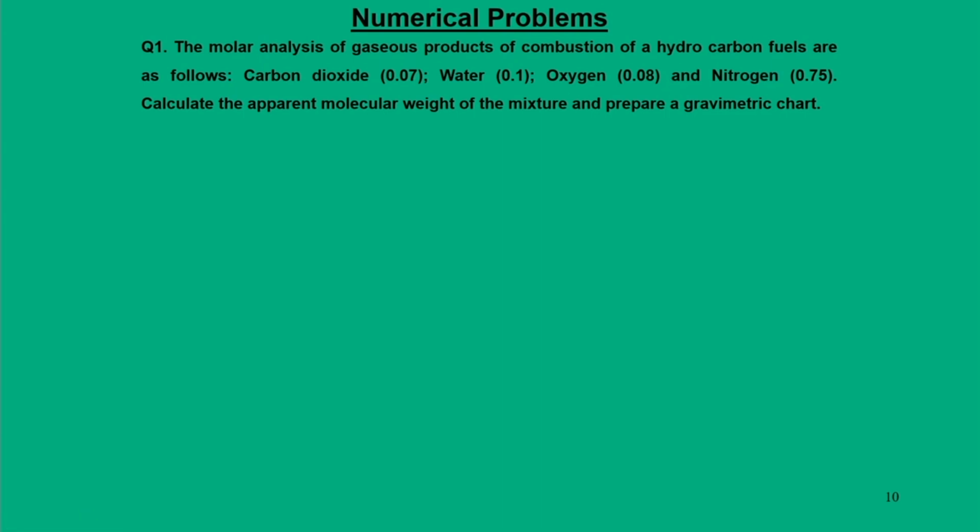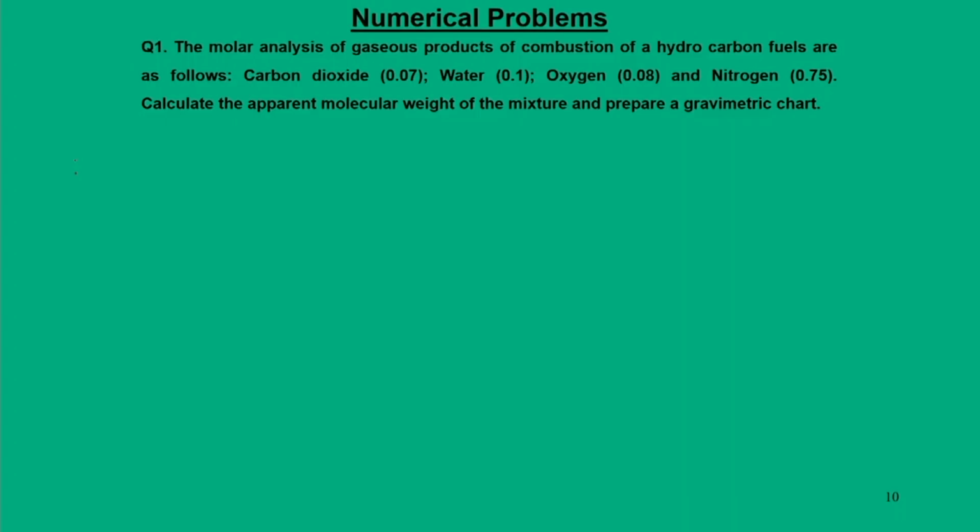Now, we are asked to find the molecular weight of the mixture and prepare a gravimetric chart. When you talk about a gravimetric chart, we need to convert this molar analysis to the respective mass fractions and see whether the total is unity or not. To start, what we know is the mixture composition in terms of molar fractions: carbon dioxide, water, oxygen and nitrogen.